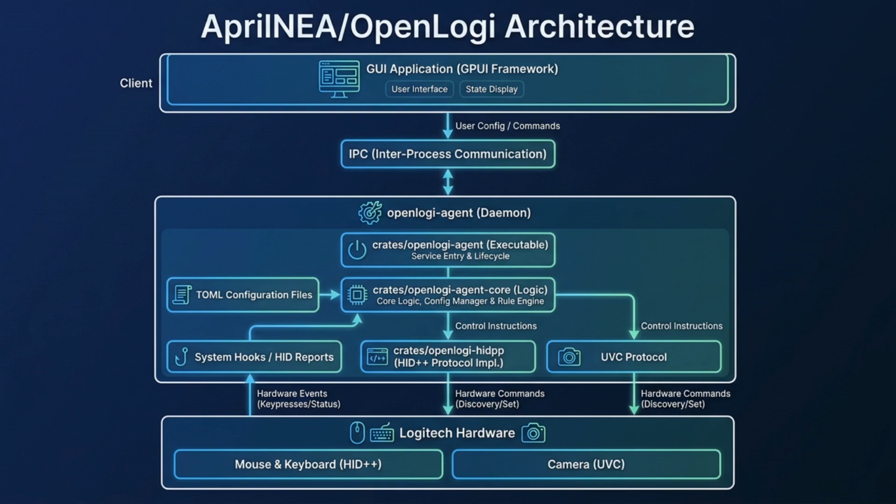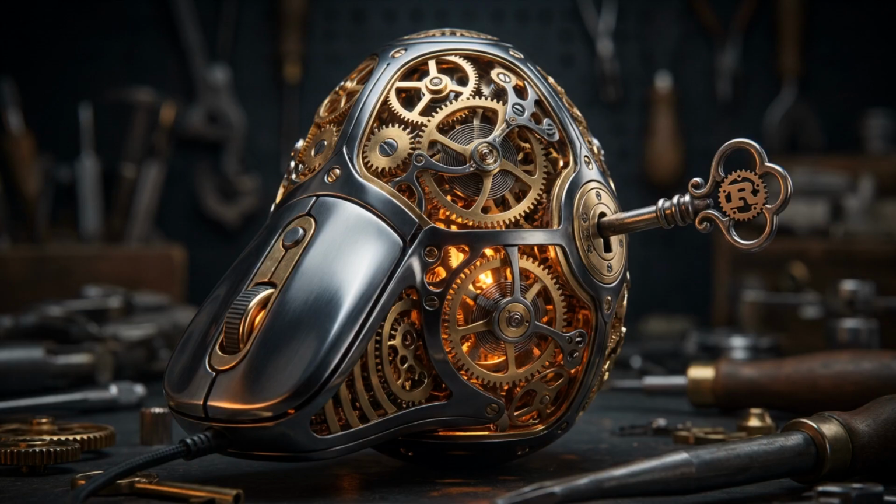Everything else, from settings parsing to device state tracking, stays shared across all three. And choosing Rust for all of this isn't cosmetic either. It delivers near C++ performance along with memory safety, which is exactly why the agent can run continuously with minimal CPU and memory overhead.